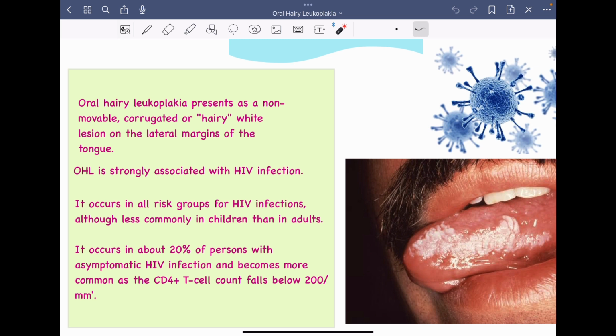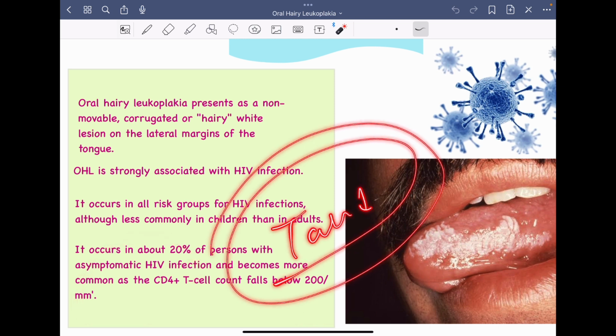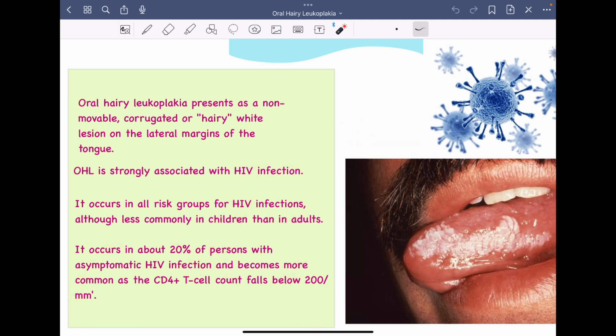It occurs in about 20% of persons with asymptomatic HIV infection, and it becomes more common as the CD4 plus T cell count falls below 200 per mm cube. So this is very important. As the T cell count decreases in HIV, as we know there is a progressive decline in these cells in HIV patients, so this type of lesion becomes more common.